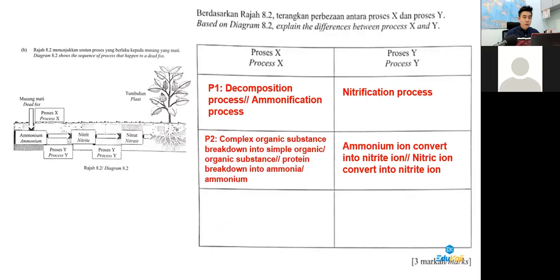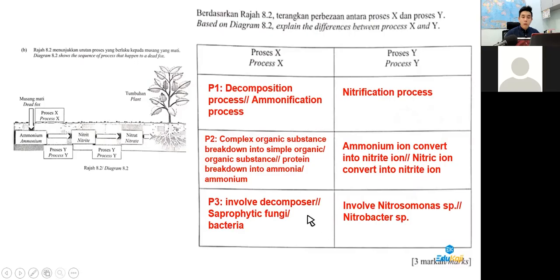So you can explain what decomposition is, what nitrification is, and what bacteria are involved. You can pause and copy here, guys. This is a bit long.